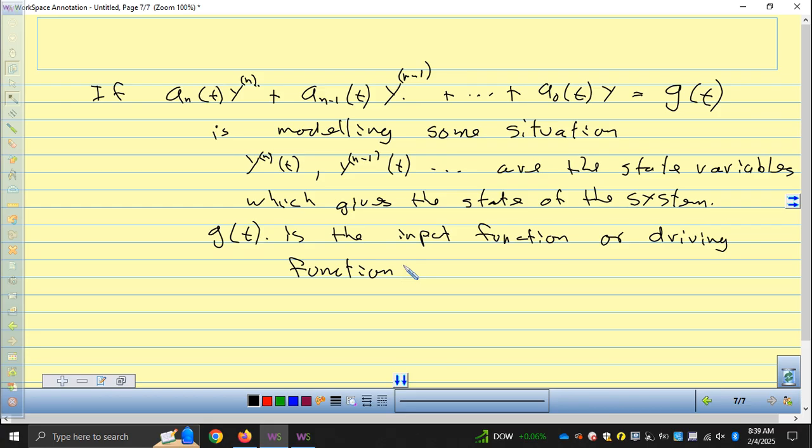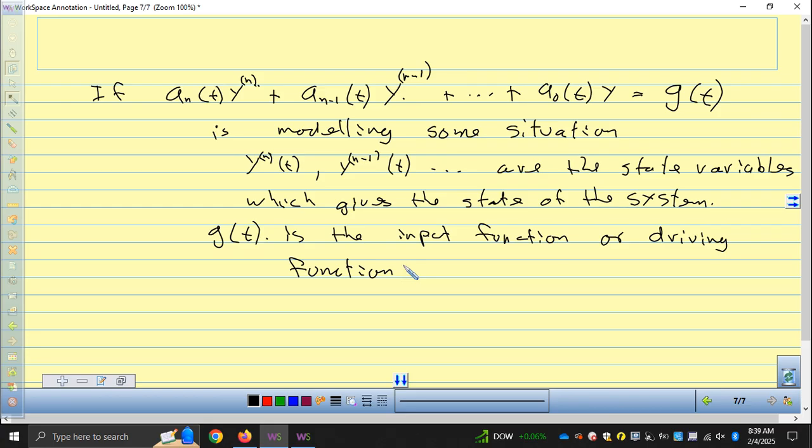So we'll talk about a spring system. You have a weight on a spring that's oscillating. Well, the input function might be you're giving a push to the weight on the spring, or you have a crank that's turning around and doing something.